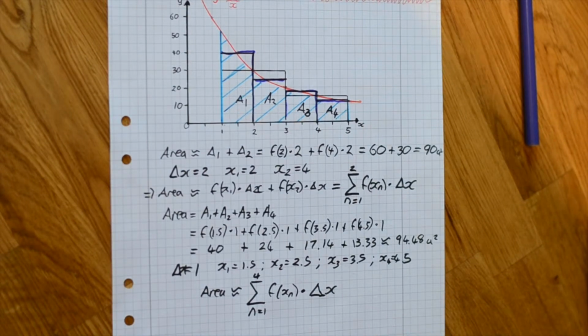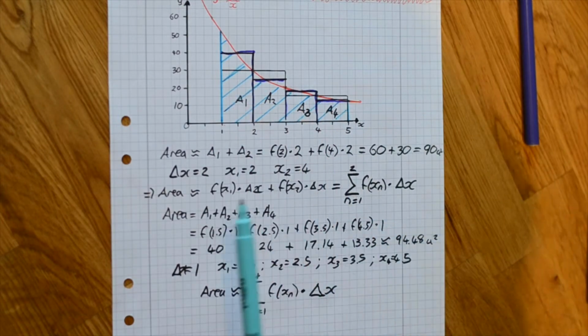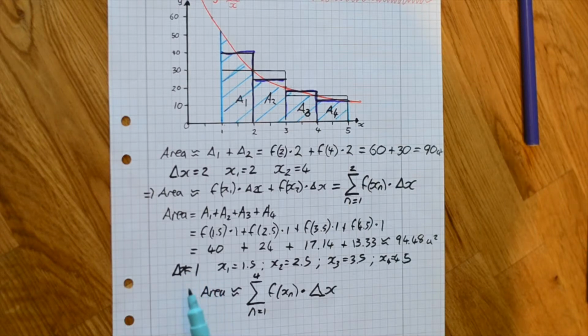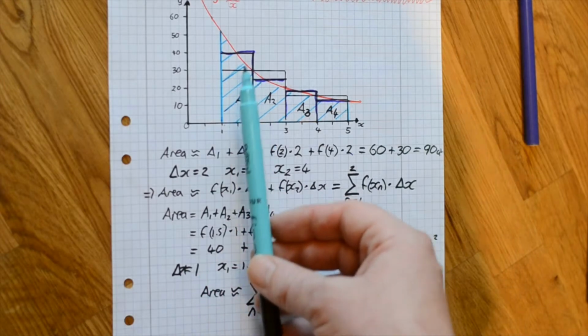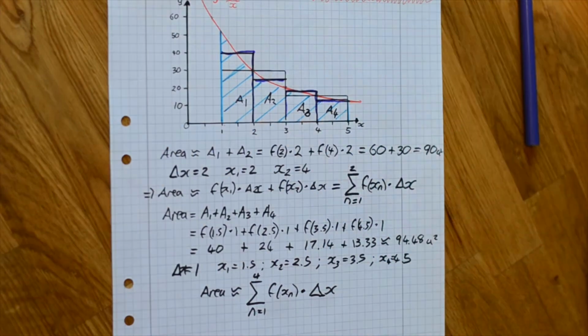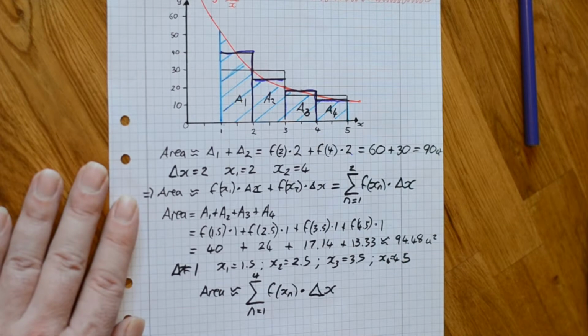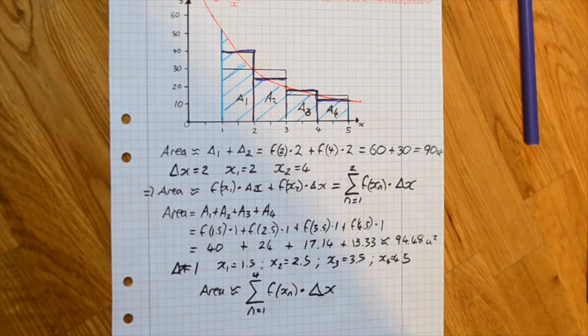How do we make it more accurate still? Well, obvious answer, we make the rectangle smaller and smaller. This means we reduce the change in x and let it approach 0. As the change in x approaches 0, then the number of rectangles that we're producing will approach infinity. And we can write it as the area is equal to, and then we're going to use limits. So lim as k approaches infinity, where k represents the number of rectangles we're creating.